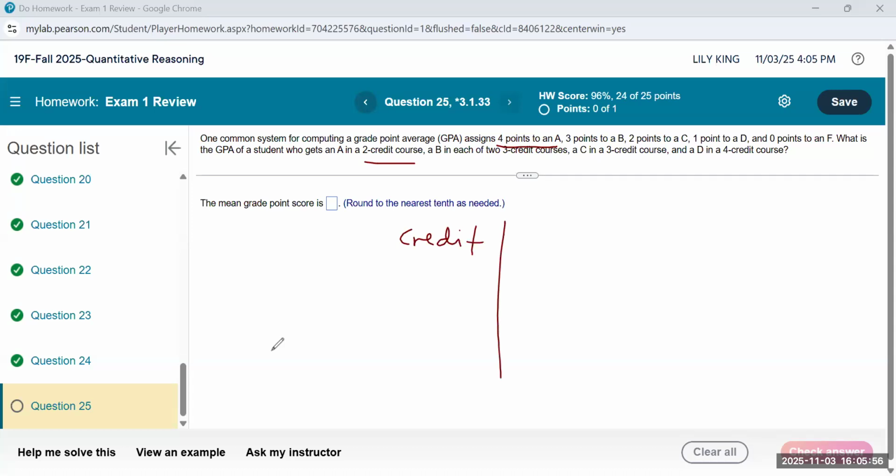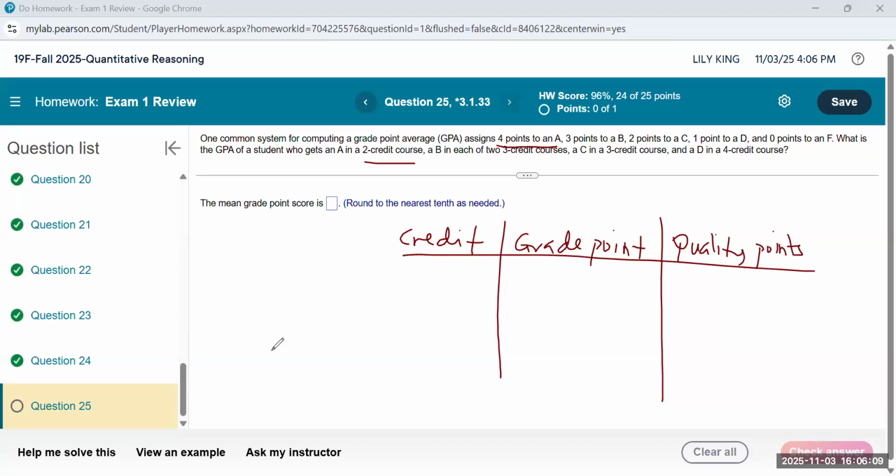So we have credit, we have the grade point, and then we have the quality point. For the 2 credit course, the student had an A, and this is 4. So 2 times 4 is 8.